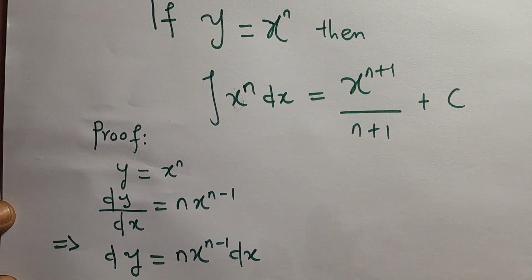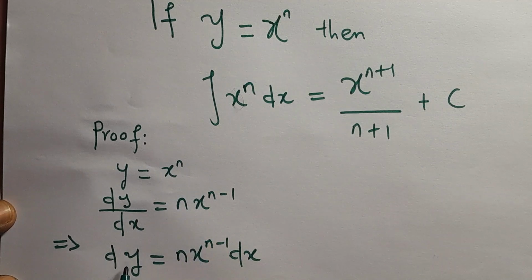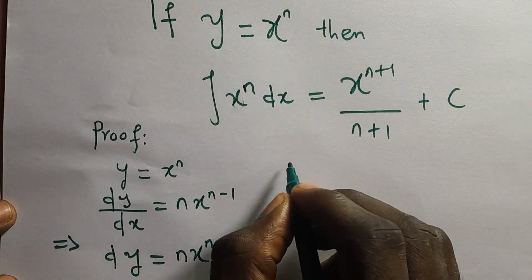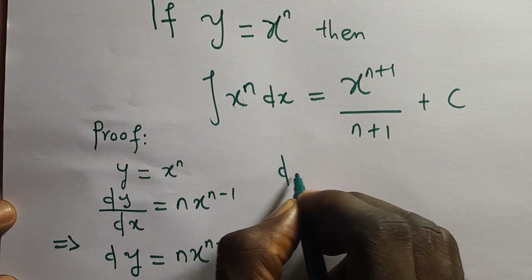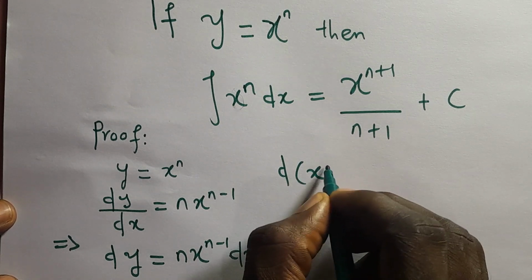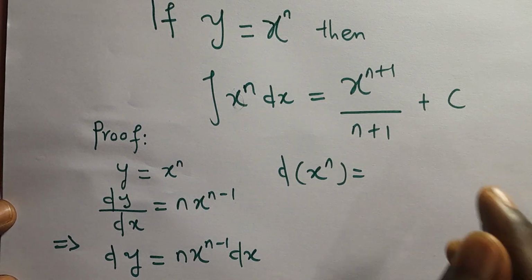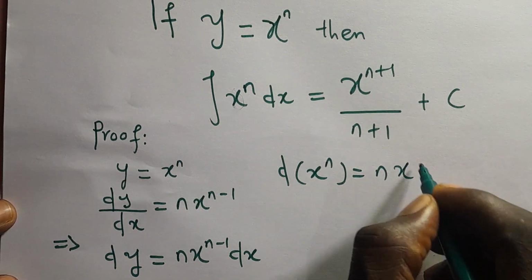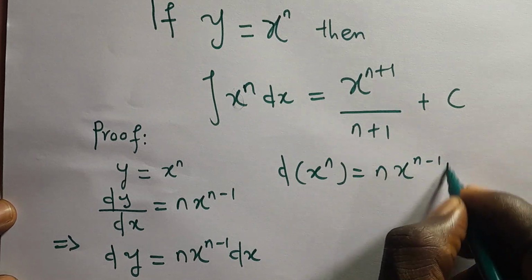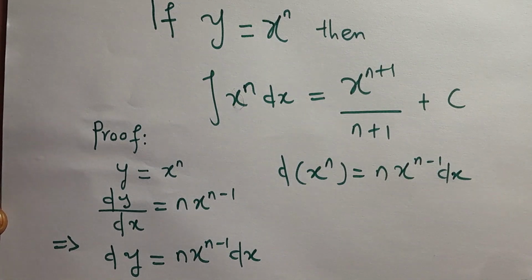So now from here, substitute the value of y, which equals x raised to n, here. So what we are going to have is d of (x raised to n) will be equal to n x raised to n minus 1 all times dx.